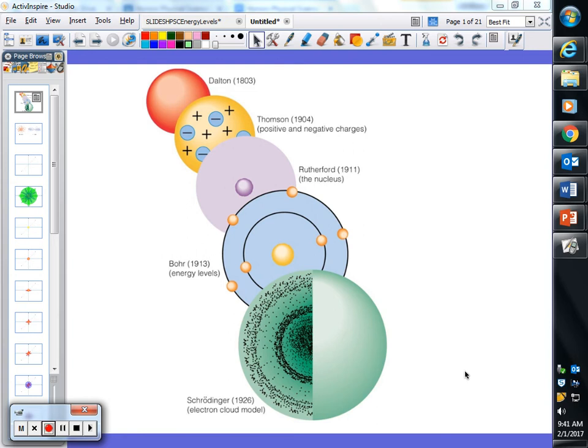Okay? Good with that idea? All right. So looking at this picture down at the bottom, okay? That's Schrodinger's model of the atom. Nucleus in the middle, and Rutherford's experiment told us that the nucleus is real small. Okay, great. But what we see is then these dots around the nucleus represent the locations of electrons at some time in the past, right?